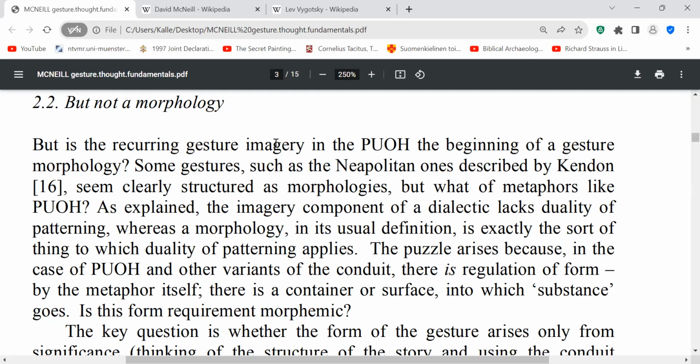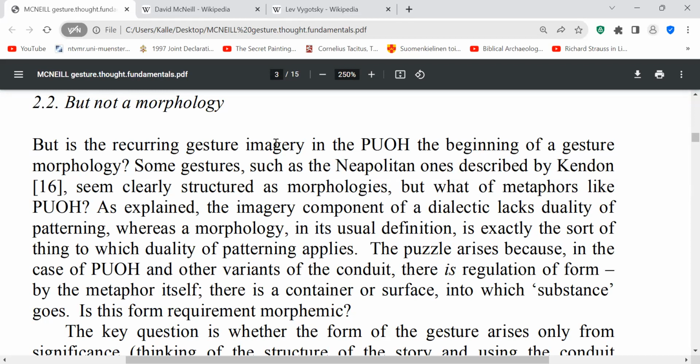The puzzle arises because in the case of the poi and other variants of the conduit, there is regulation of form by the metaphor itself.